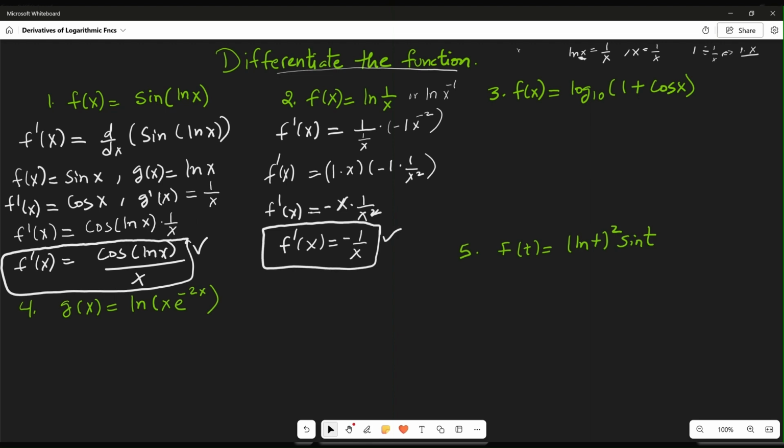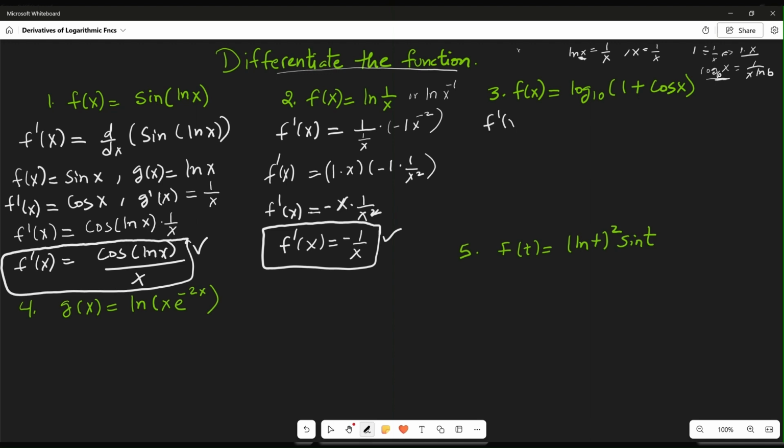Okay, now look at number 3 here real quick. Same thing, right? You remember the formula for the derivative of log with any base. Here we have base 10. The derivative of log base b of x is equal to 1 over x times natural log of b. In this case, this matches the syntax right here, so x is equal to 1 over cos x.